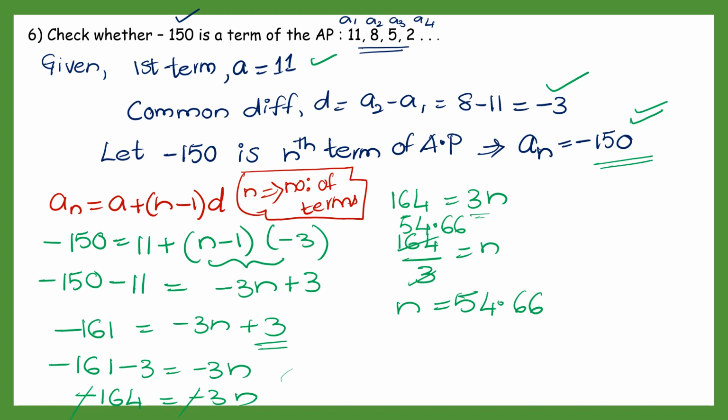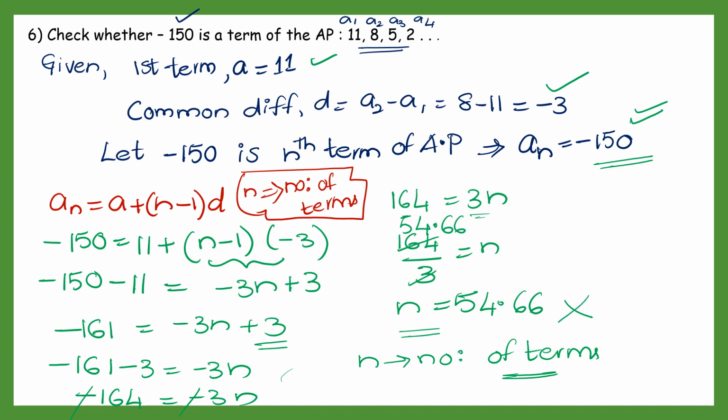Value of n is 54.66. But n is the number of terms. Will the number of terms, that means the count of the terms, be a decimal number? No, it will not be a decimal number. It should be a natural number. But we got a decimal number.